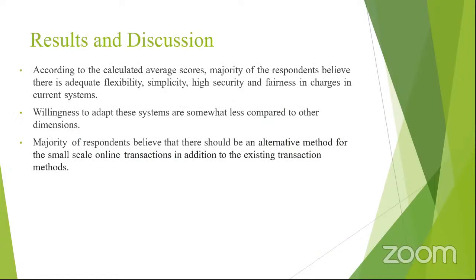According to the calculated average scores, majority of the respondents believe that there should be adequate flexibility, simplicity, higher security, and fairness of charges in current systems. Willingness to adapt to these systems are somewhat less compared to other dimensions, and the majority of the respondents believe that there should be an alternative method for small-scale transaction in addition to existing transaction methods.